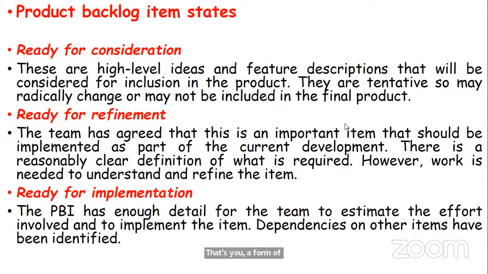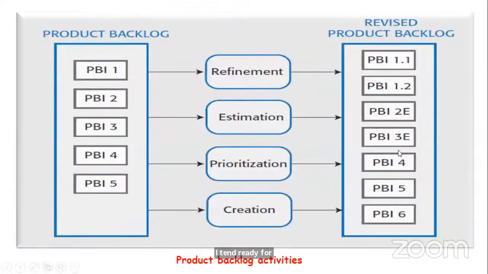So product backlog item states: items that are ready for consideration, items ready for refinement, items ready for implementation. So you could break them up into this.